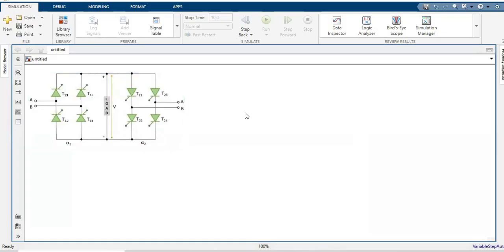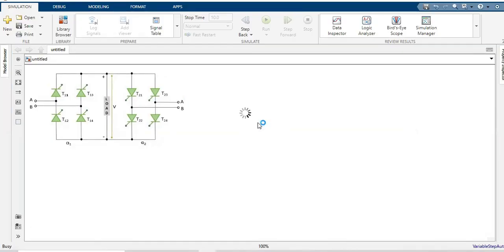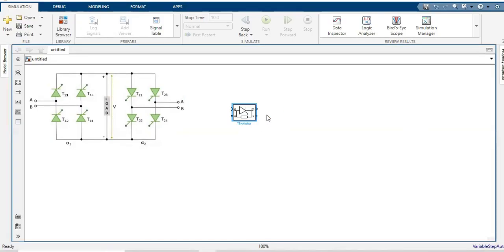So we have to use 4 thyristors to construct the first converter. Control R to rotate the thyristor. We will be using 4 thyristors to construct the first converter.